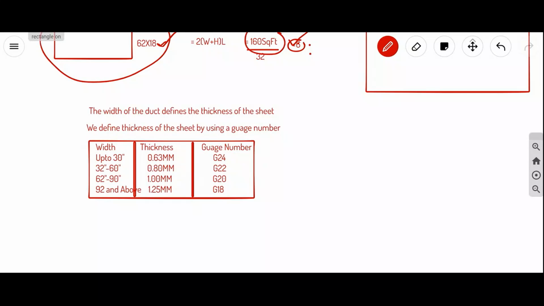Maybe XLPE, cross-linked polyethylene. XLPE insulation is mostly used in hospitals, where fiberglass we can't use.